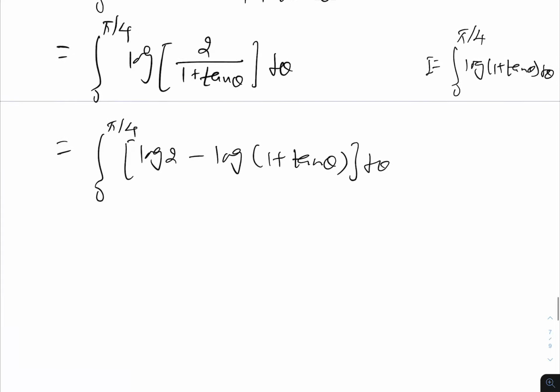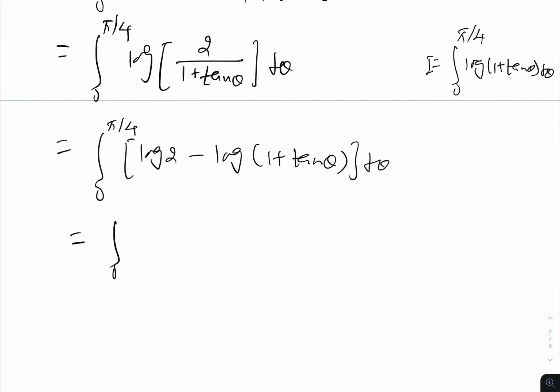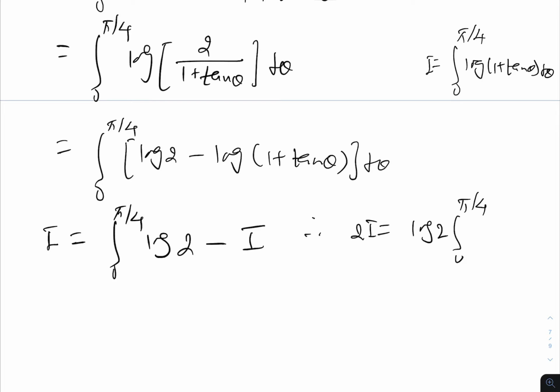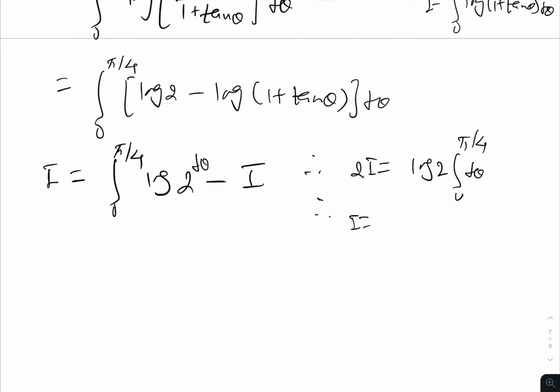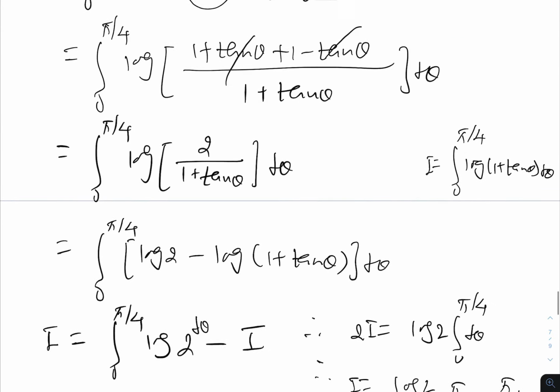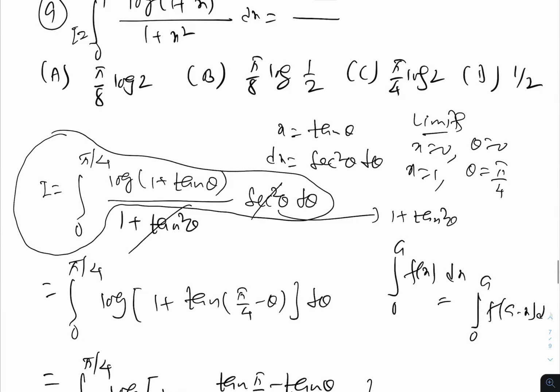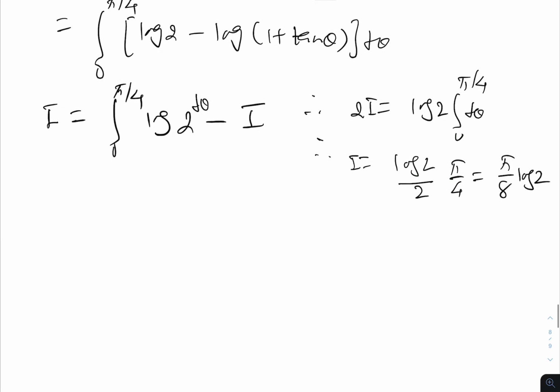You are using the properties of logarithm, and this is integration 0 to pi by 4 log 2 minus I, and so 2I equal to log 2 integration 0 to pi by 4 d theta. So therefore I equal to log 2 by 2 into pi by 4. So the answer is pi by 8 log 2. So option A is there.